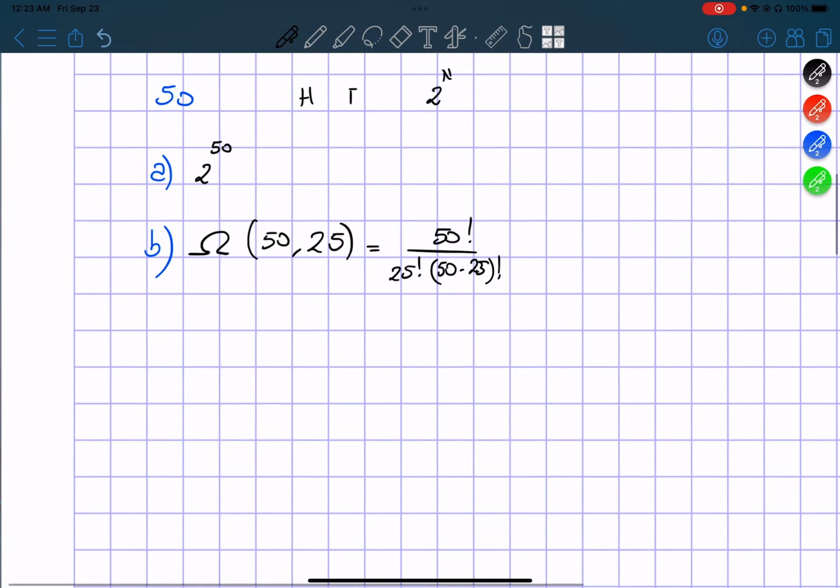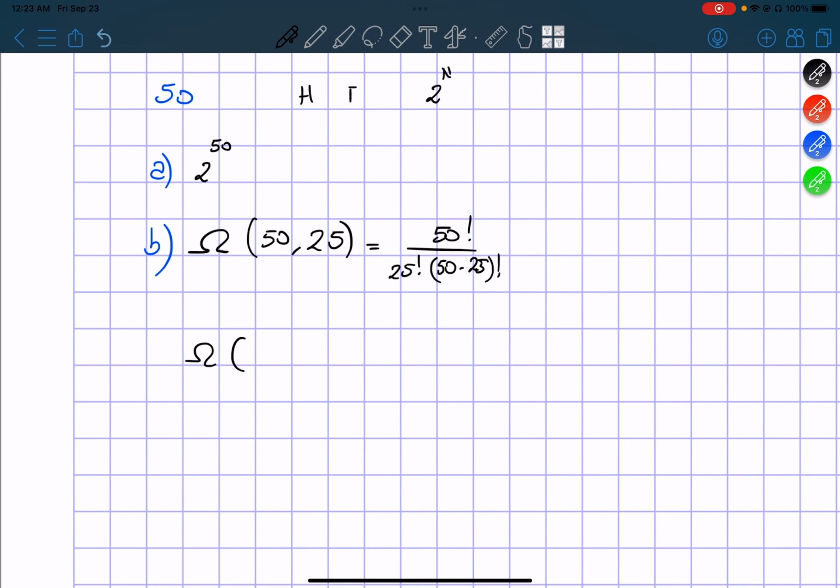Where does this formula come from? Well, this formula comes from omega of n, q, where n is the number of particles, or in this case the number of coin flips, and q is the number that we want to obtain. In this case, the number of heads or tails, depending on what you want to find.